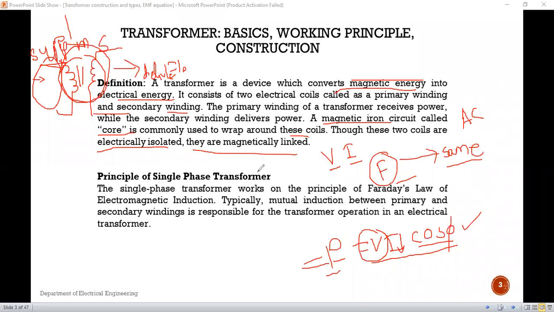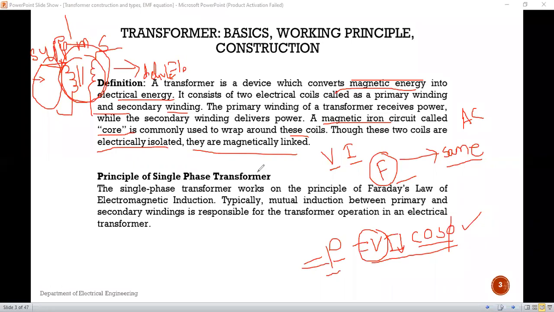Then the second is the winding, that is primary winding, secondary winding, and the insulating material or isolation. Whatever we use for isolation or insulation, these are the three parts of the transformer.